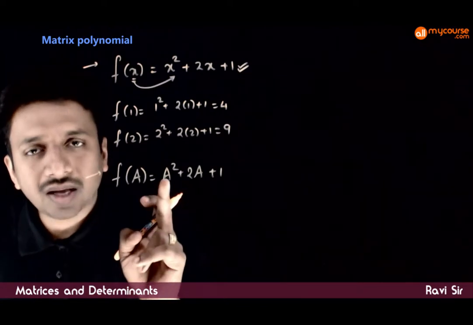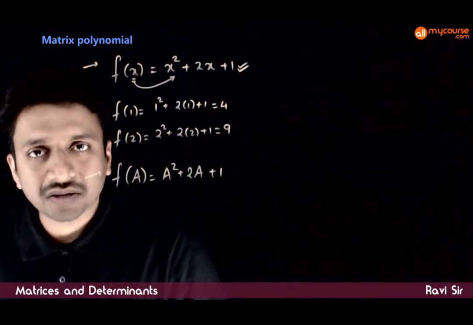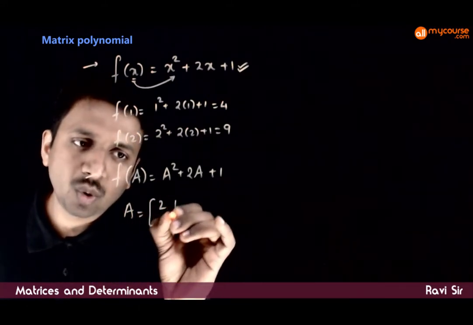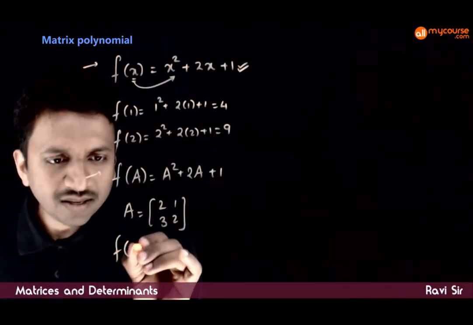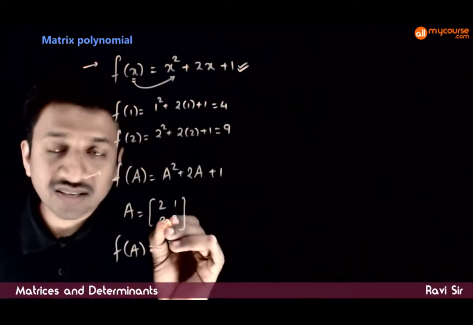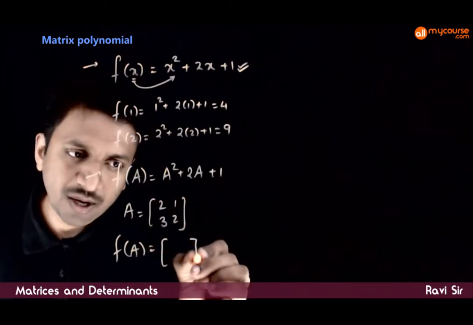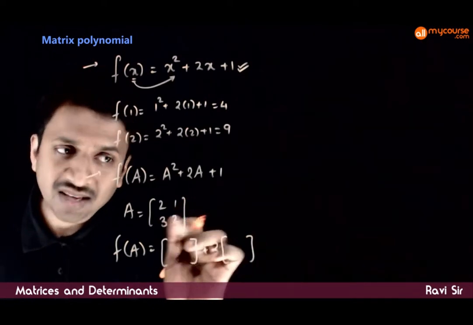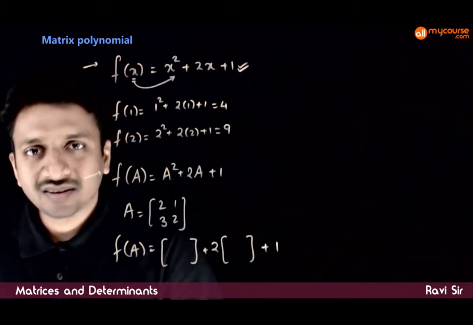This is not a valid polynomial on matrices because, if you take A as a 2 by 2 matrix, 2, 1, 3, 2, what is f of A? f of A is A square, that is the square of this matrix, which is also a 2 by 2 matrix, plus 2 times A, which is again a 2 by 2 matrix, plus 1.